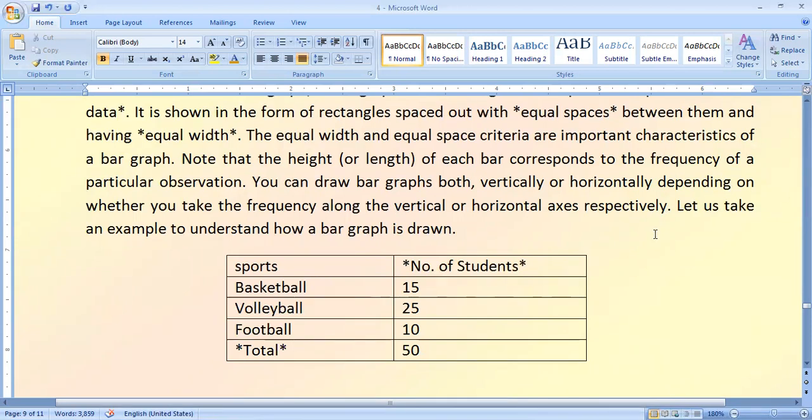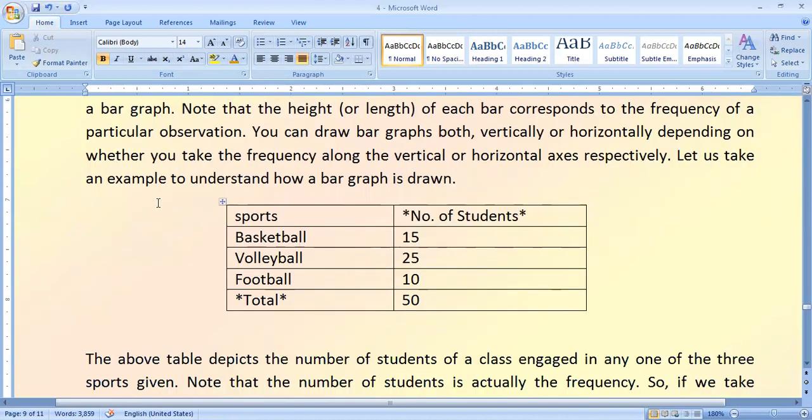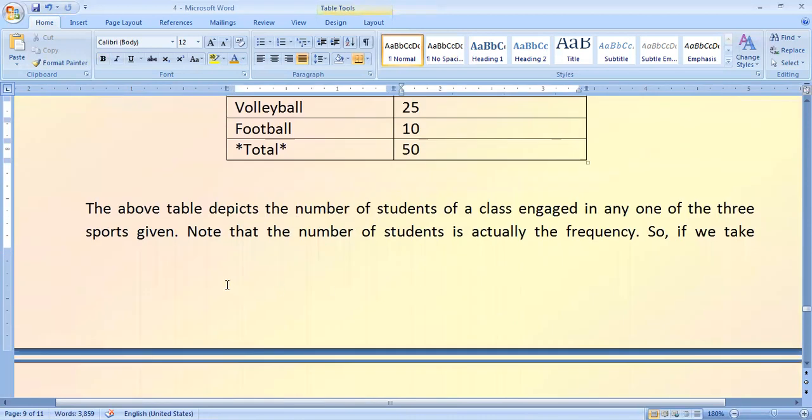Let us take an example to understand how the bar graph is drawn. Sports and number of students: basketball 15, volleyball 25, football 10, total altogether 50. The above data depicts the number of students of the class engaged in only one of the three given sports. Note the number of students is the actual frequency.